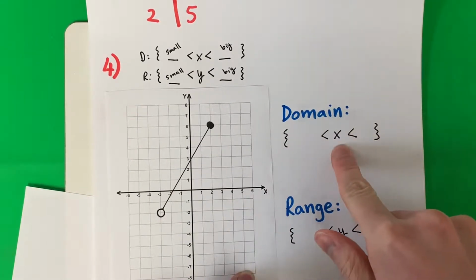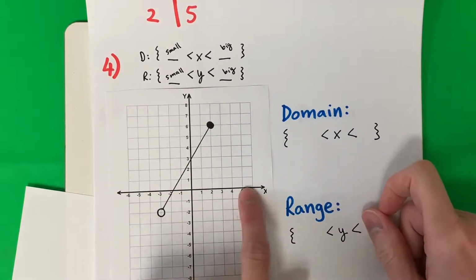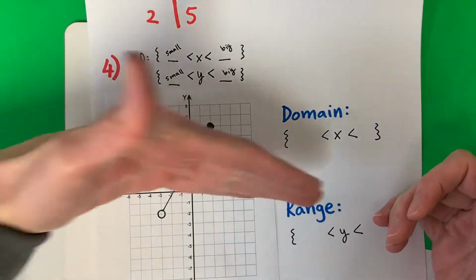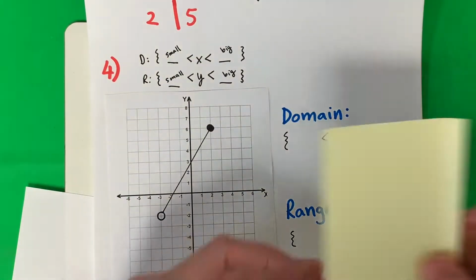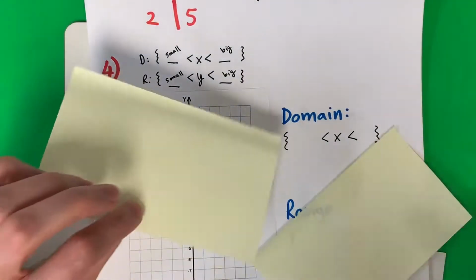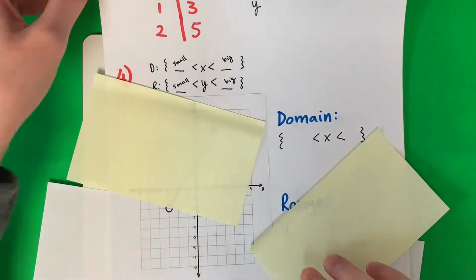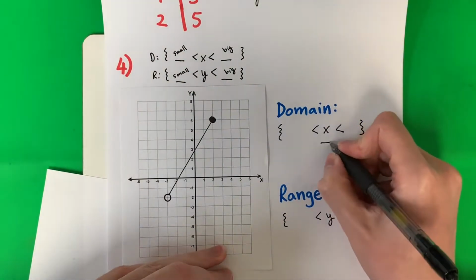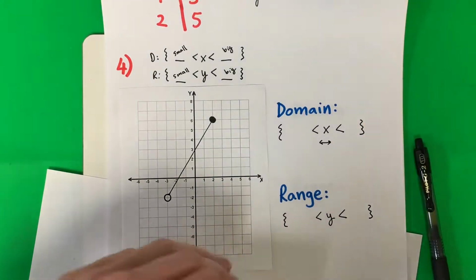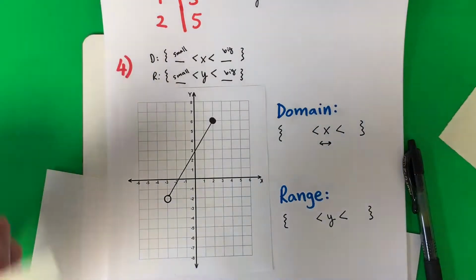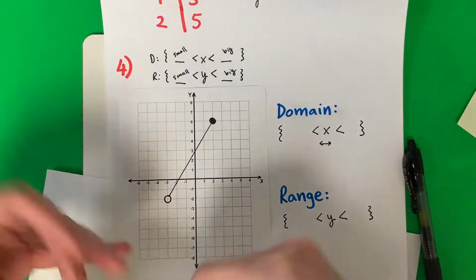Okay, so we're going to start with domain. Domain is X. This is the X-axis right here. It goes left to right. To make this easier, I'm going to use sticky notes to assist me today. For X, X is left and right. So I will put one sticky on the left and one sticky on the right, depending on where this graph starts.